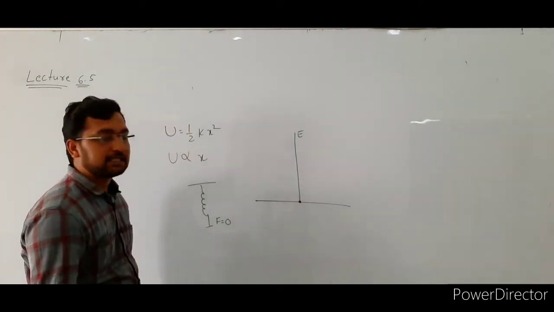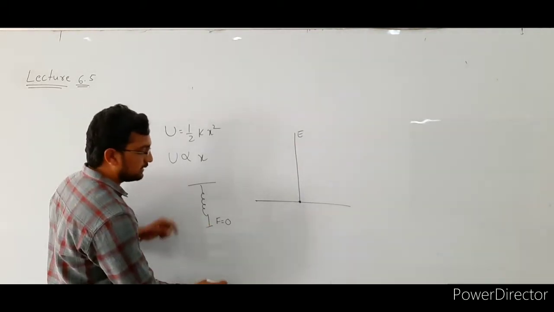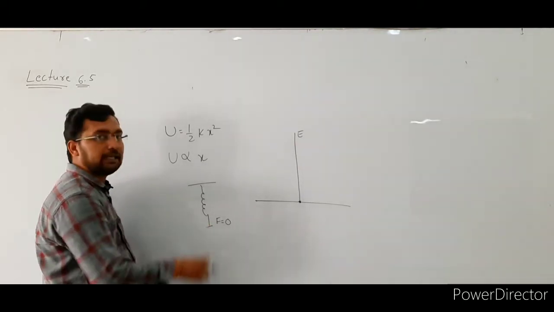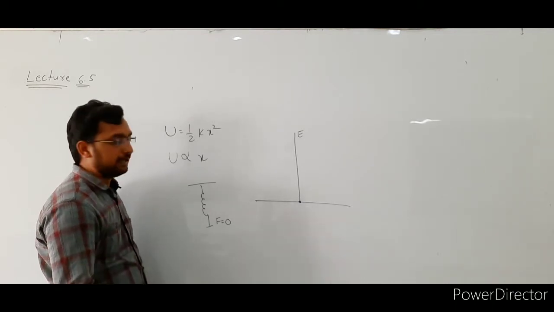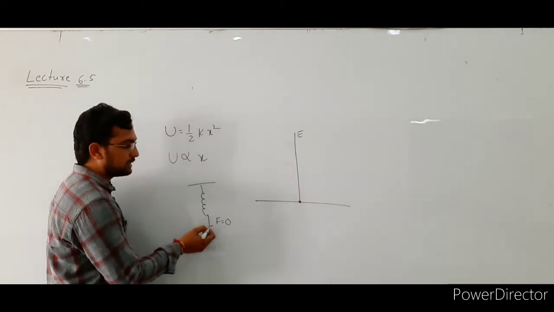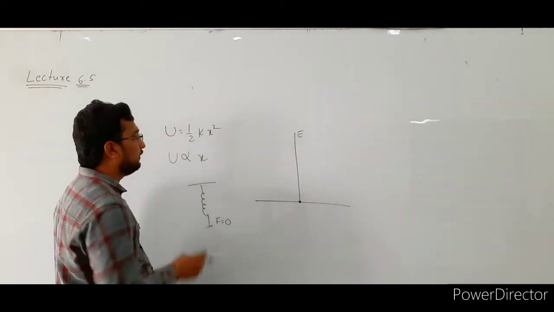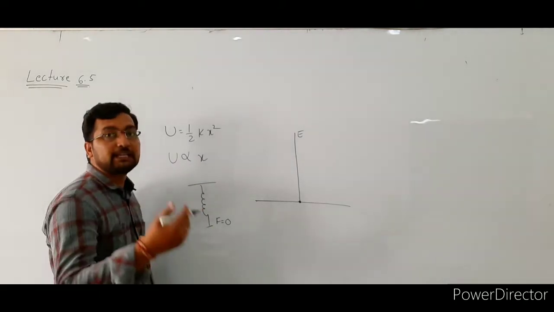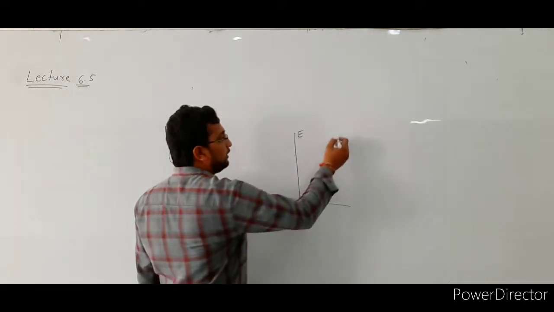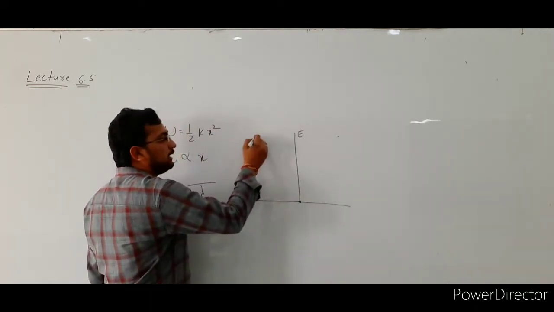If x is maximum, if you apply some amount of force to this spring, its length increases, or it starts oscillating in the vertical direction. So in this direction, if the x value is more, that means it is the extreme position, and at the extreme position the energy is more.